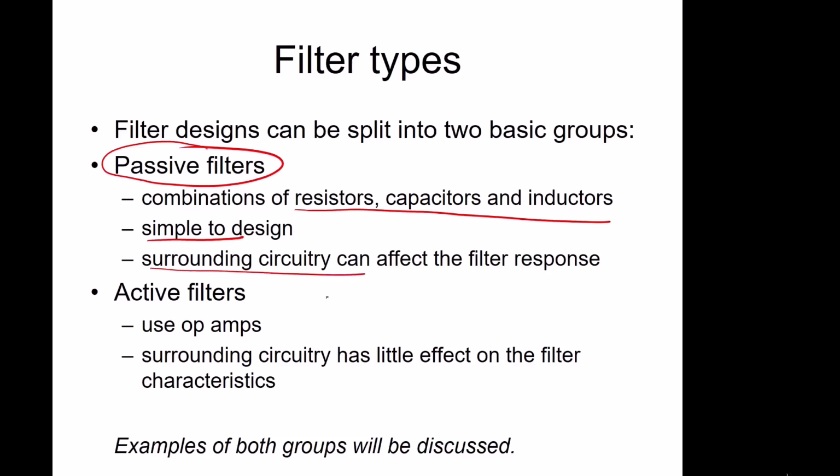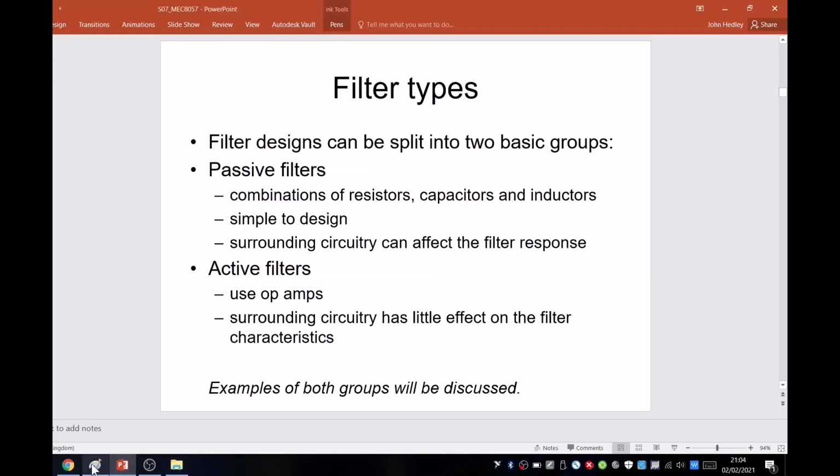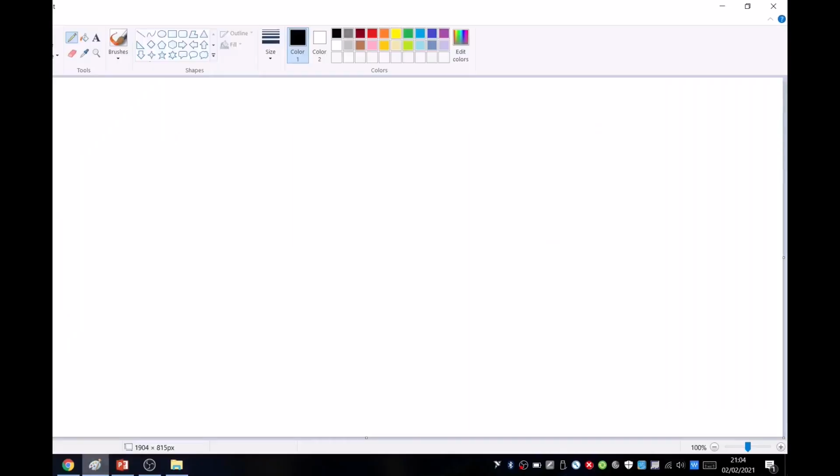So to give you an example of that, if we just go into Paint, so if I draw this filter, so this is known as a high pass filter, so it'll pass high frequencies. We'll call this C, and we'll call this resistor R1. So this filter has got certain properties which depend on its capacitance and its resistance.